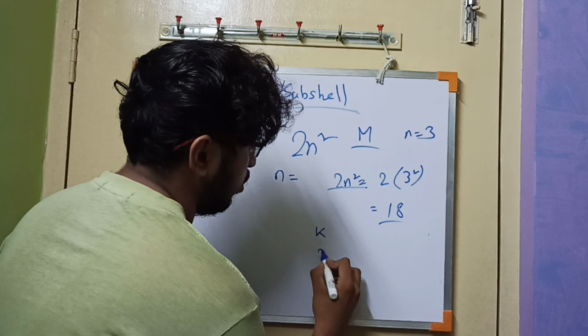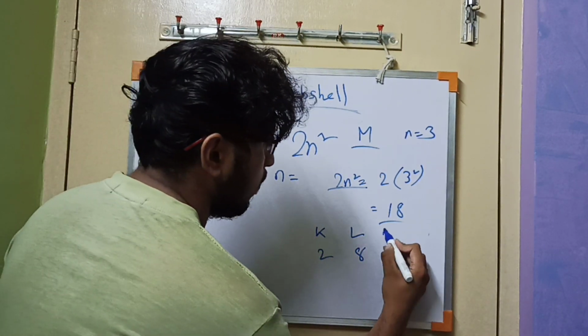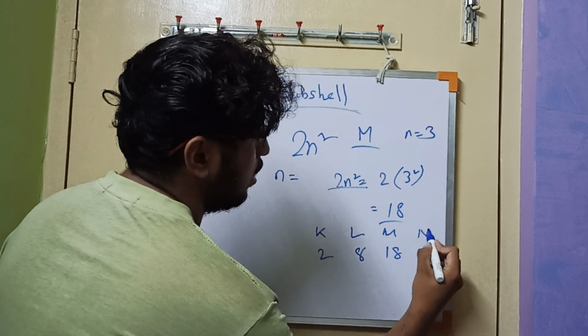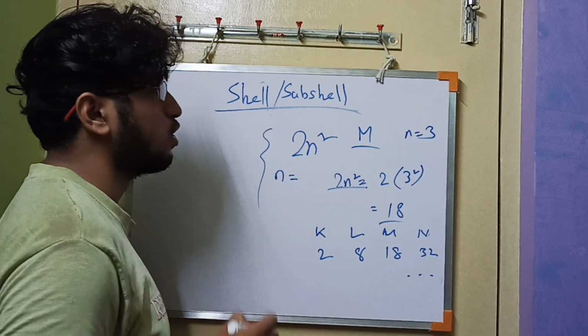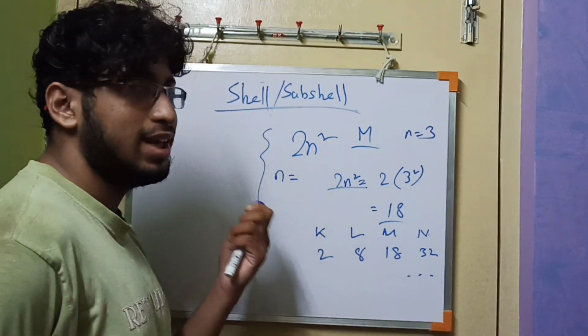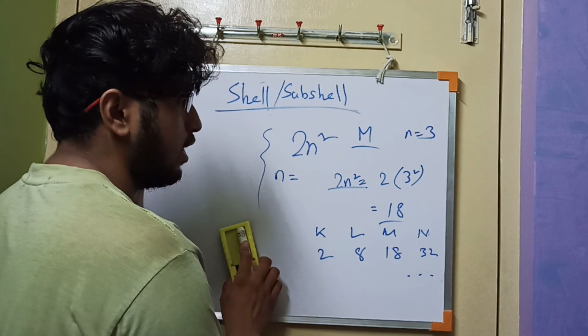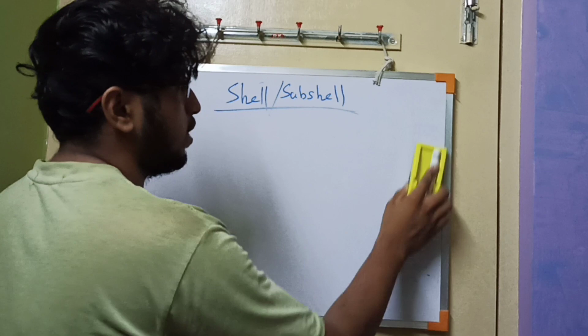For K there will be 2 electrons, L there will be 8, M 18, N 32 and so on. So that is the process by which we calculate the maximum number of electrons in a shell. There is also a well defined trick behind that.